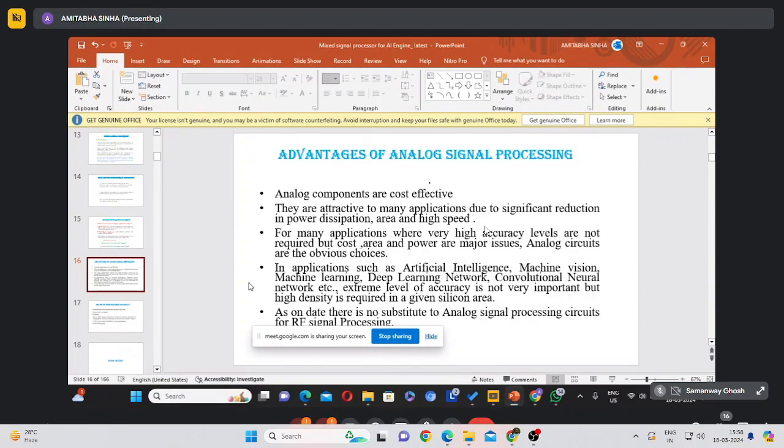And these applications include artificial intelligence, machine vision, machine learning, deep learning, convolution neural network, etc. So there, analog circuits are becoming very popular. As on date, there is no substitute to analog signal processing circuits for RF signal processing, as I have mentioned earlier.